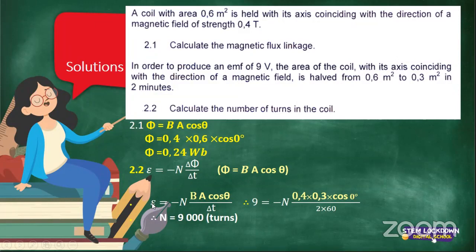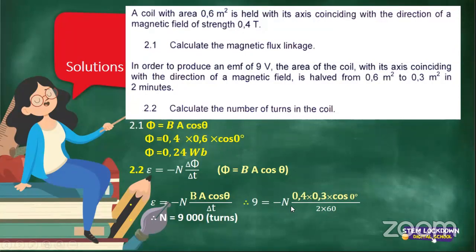The change in magnetic flux here will be B times the change in area. The area has changed from 0.6 to 0.3, so this difference will give you 0.3.